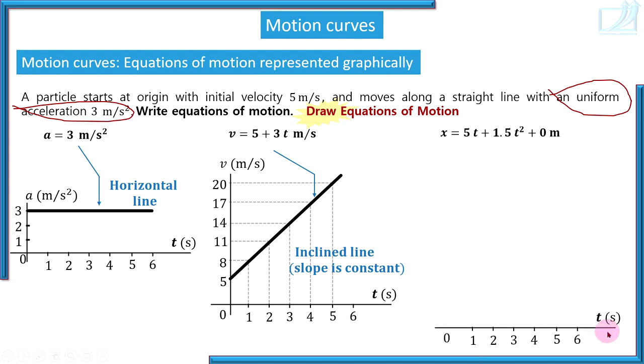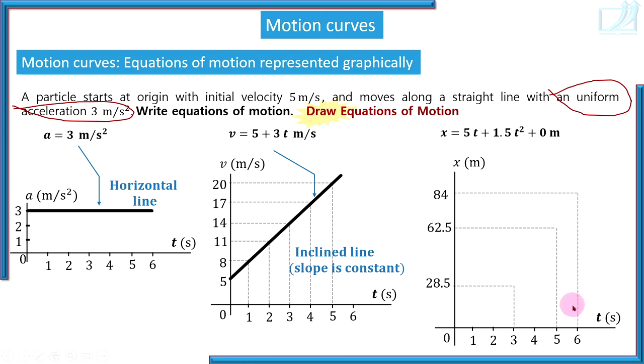Along the x-axis I have taken time, along the y-axis I have taken position. At t equal to 3 seconds, position is 28.5. At t equal to 5 seconds, position is 62.5. I have chosen randomly some time instant values to get corresponding positions. So at t equal to 6, position is 84 meters, and of course at t equal to 0, position is 0. So if you join all these points, you get a curve and it is a parabola.